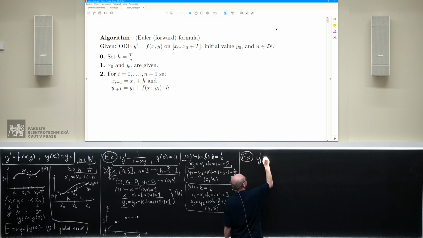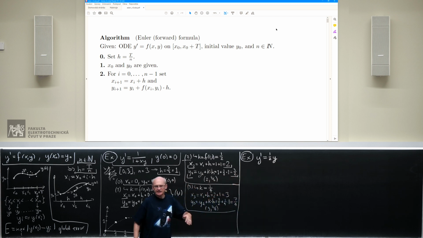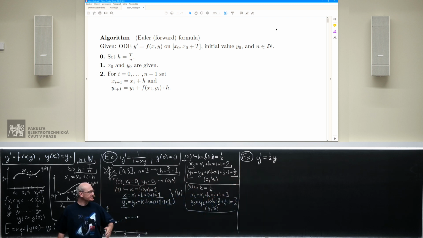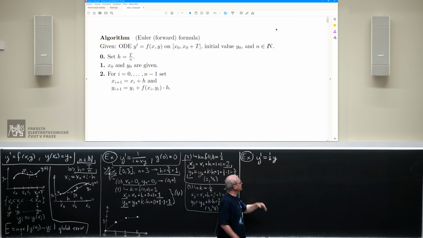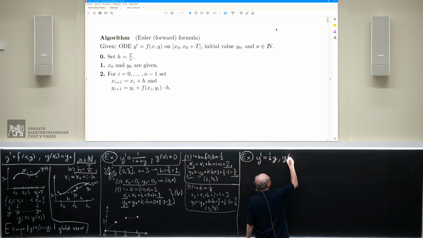So our next example is y prime is equal to 1/2 y. Now, if you checked out the lecture on applications, you have seen that this is a very simple differential equation, probably one of the simplest differential equations around. This is the exponential growth. So we know how the solutions look like, we know everything about it. I also specify initial condition y naught is equal to 1.